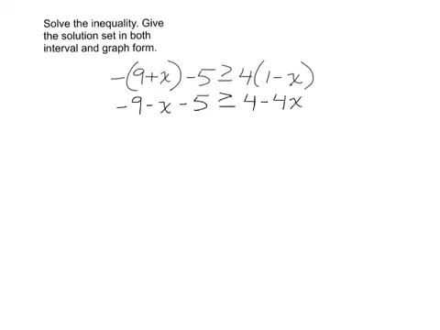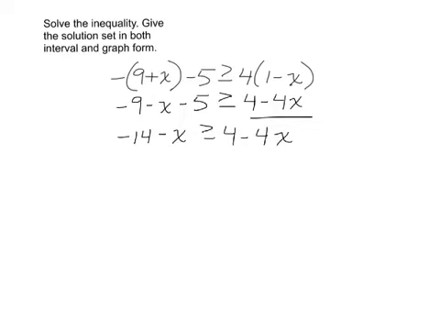Alright. This right-hand side is good to go. We cannot simplify that any further. So what we'll do is simplify this left-hand side by combining the constants. So a negative 9 minus 5 is a negative 14 minus x is greater than or equal to 4 minus 4x.